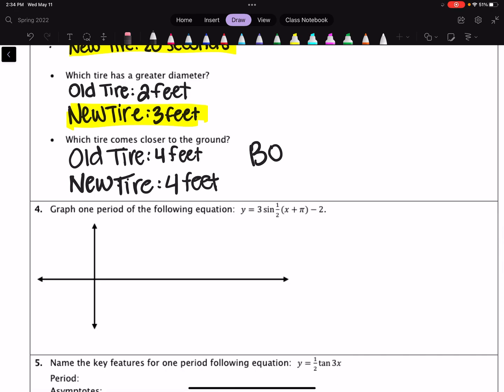So on this one, they are both equal heights off the ground.